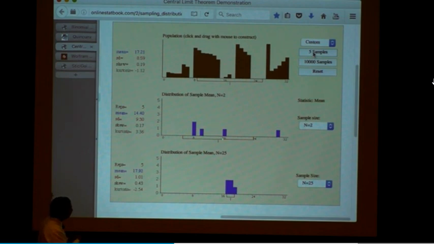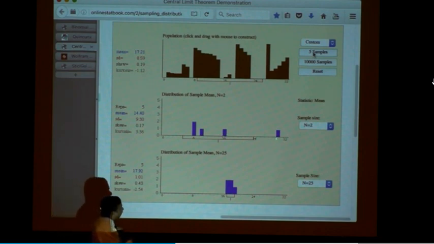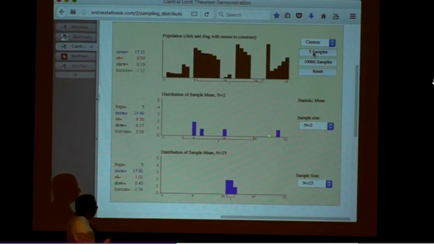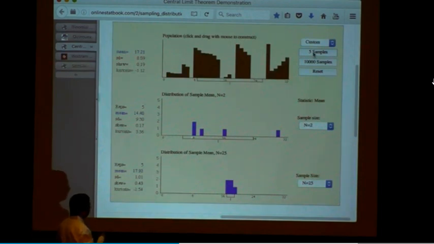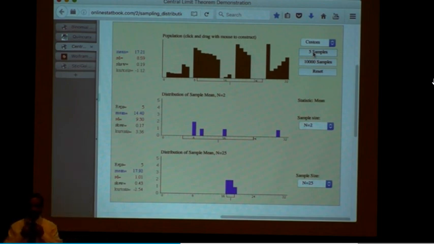Then 11, 12, 13, 14. One sample was 16 and one sample was 13. So the means are 8, 8, 10, 16 and 20, 30, whatever. That's what this thing is showing.